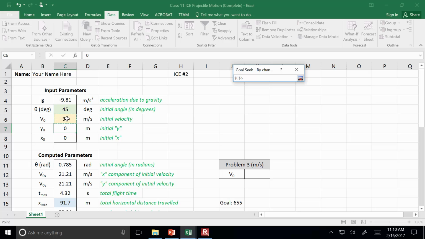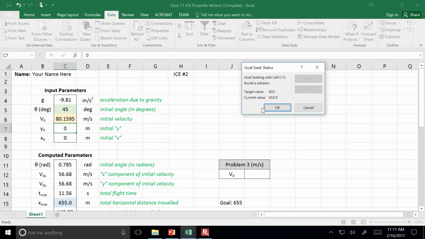So we click on the location of the initial velocity, by changing cell C6. Then I click OK, and as soon as I click OK, it does the iteration rather than me having to do it. It goes through in less than a second and finds the solution: 80.1595 meters per second.